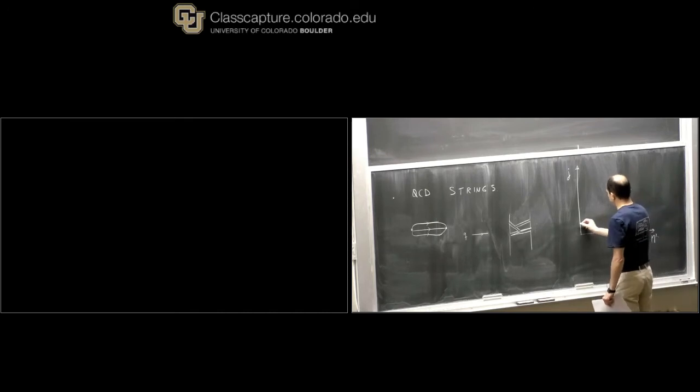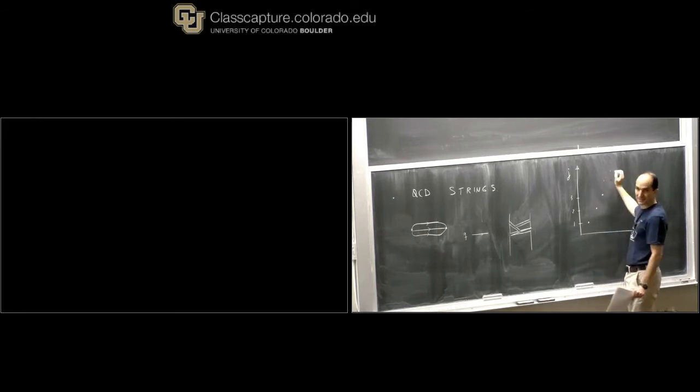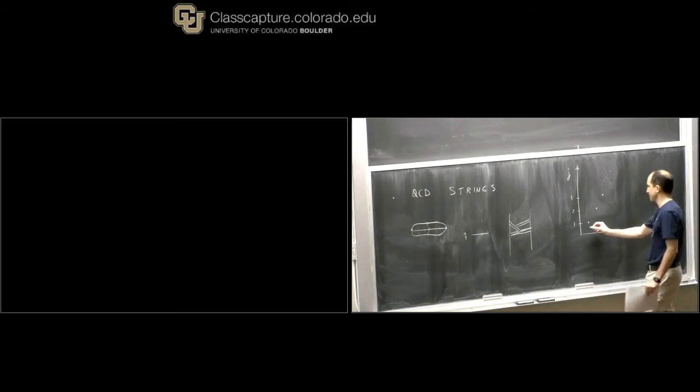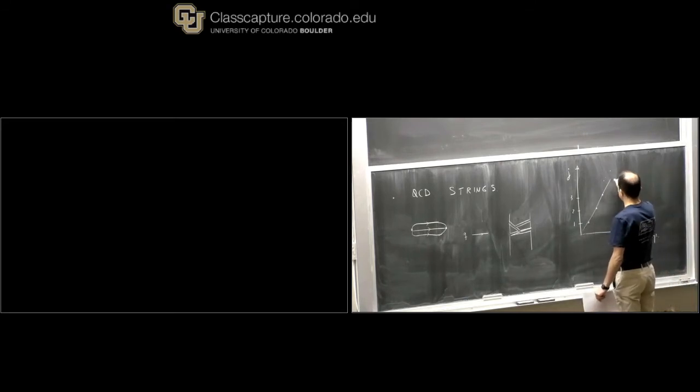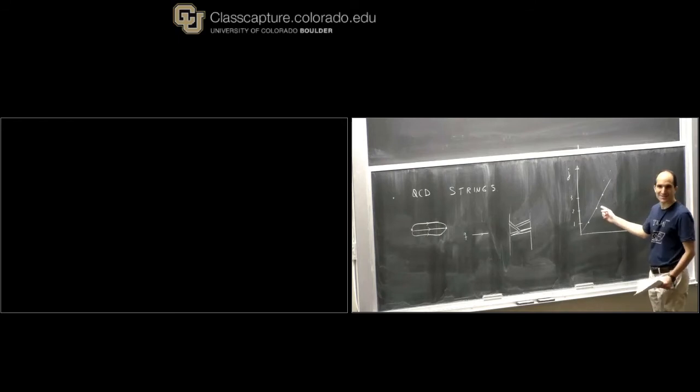The possible spins are, let's say, 1, 2, 3, and so on. Around here you have the rho meson, and then you have a bunch of other mesons, some f2 meson or whatever. And they form a nice straight line. Well, this is not straight. This is not experimental data, this is my memory, so my memory is imperfect.